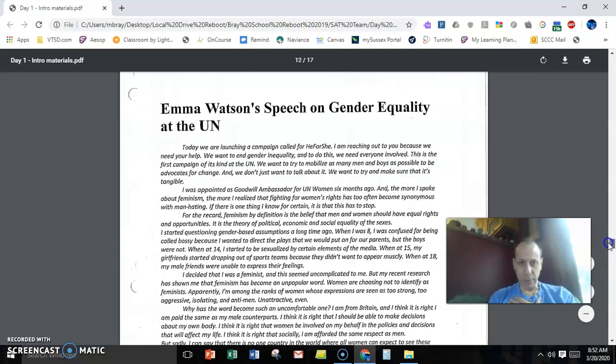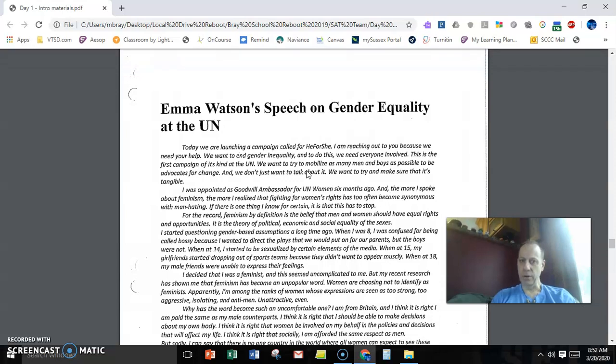Okay, so after reading the speech, the audience became apparent. She's talking to the UN, yes, but more specifically, she's primarily talking to men who are known as ambassadors to the UN, and she is addressing them about the need for men to be part of this mobilized movement of He for She, or men fighting for gender equality.